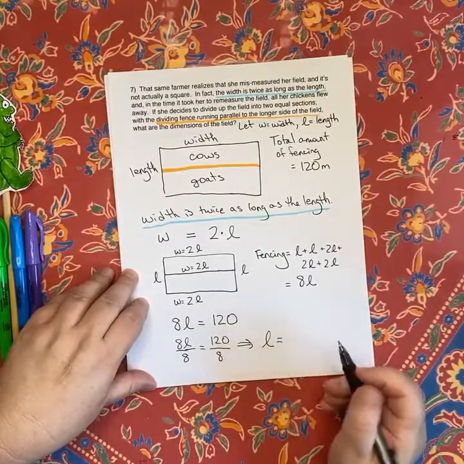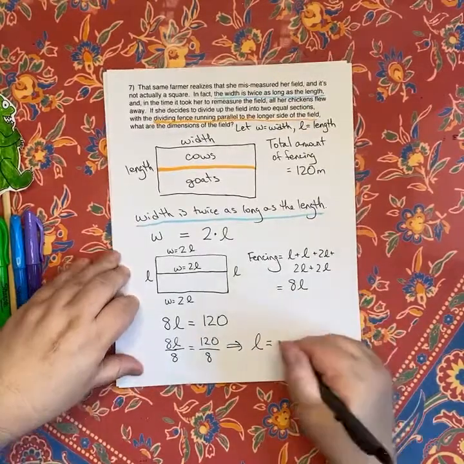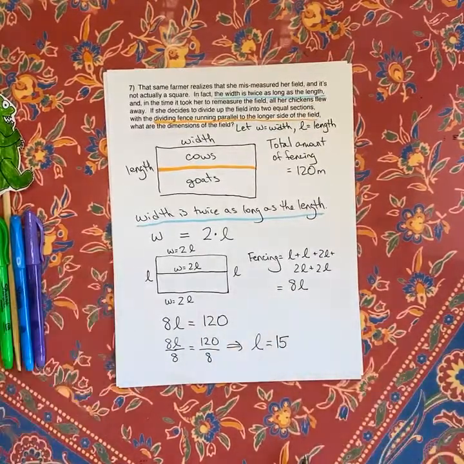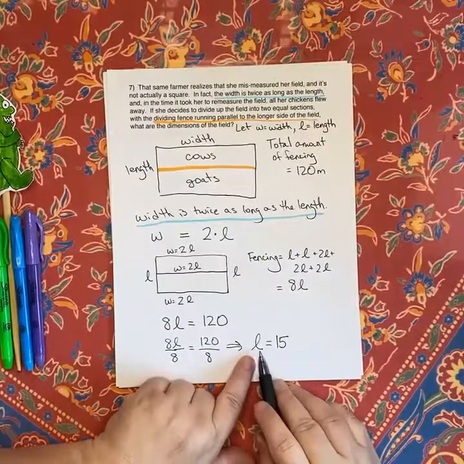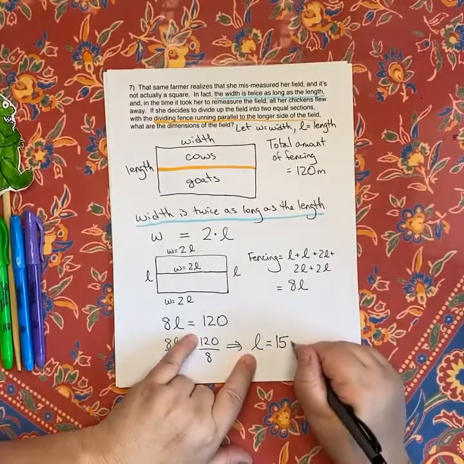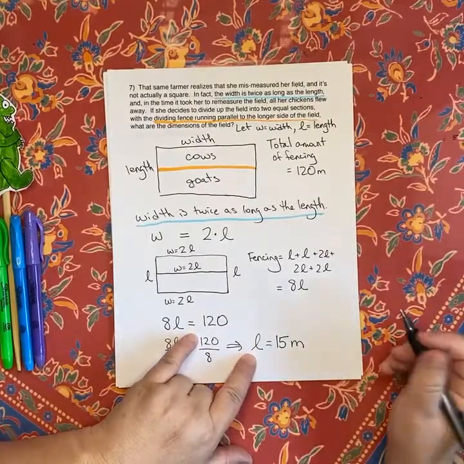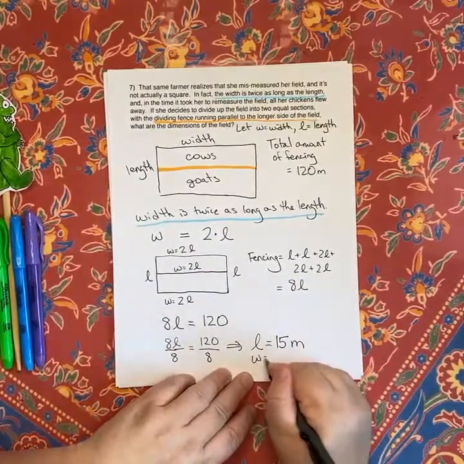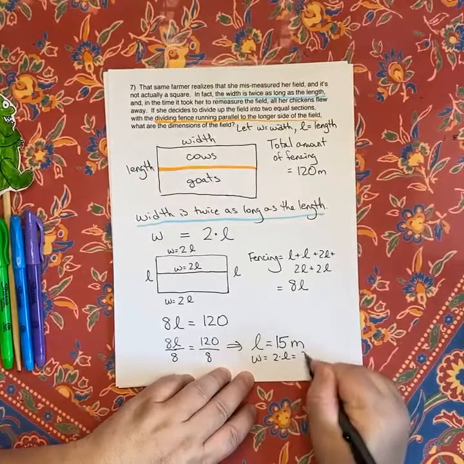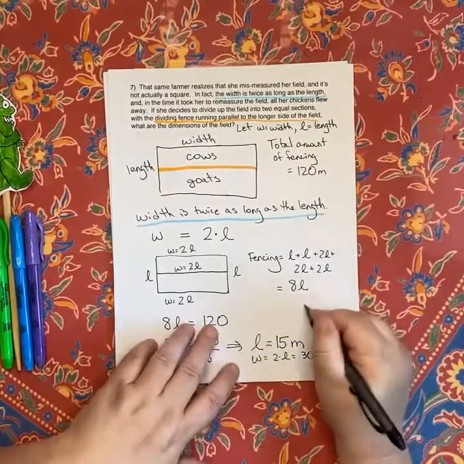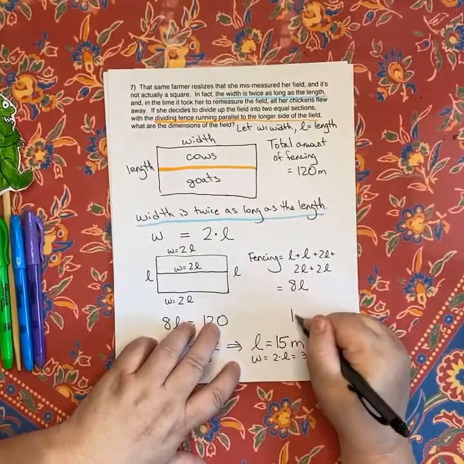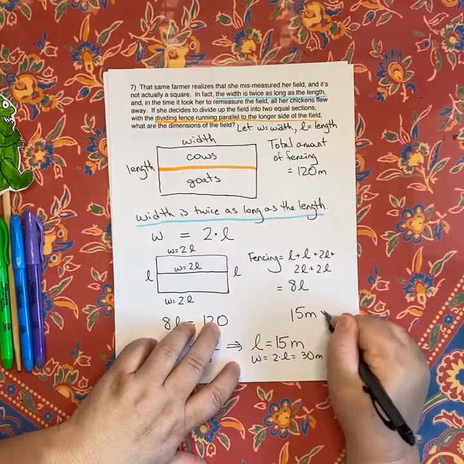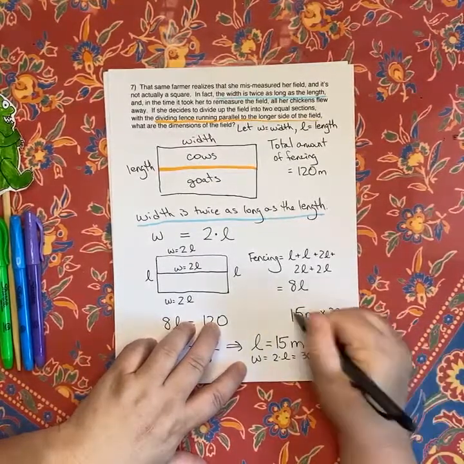And I'll say, well, I did something sneaky, and I'm about to show it to you. But let's finish this. L, the length, is 15 meters. And so that means the width up here is 2 times L, which is 30 meters. So the dimensions are length 15 meters by 30 meters.